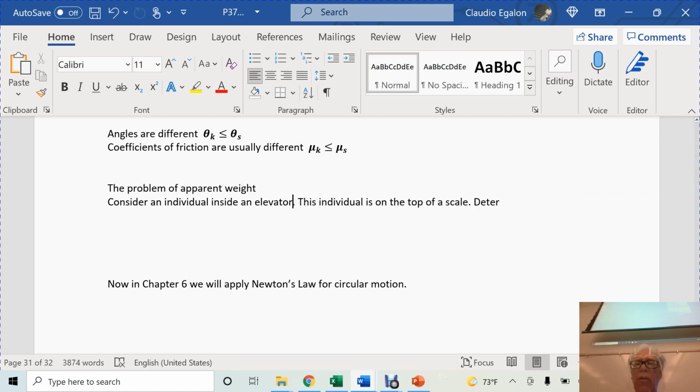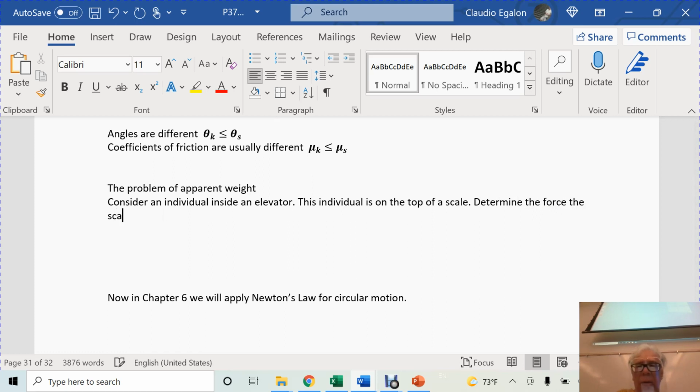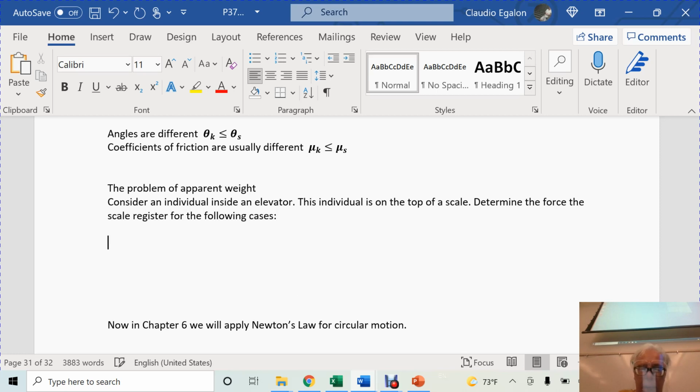This individual is on the top of a scale. Determine the force the scale registers for the following cases.